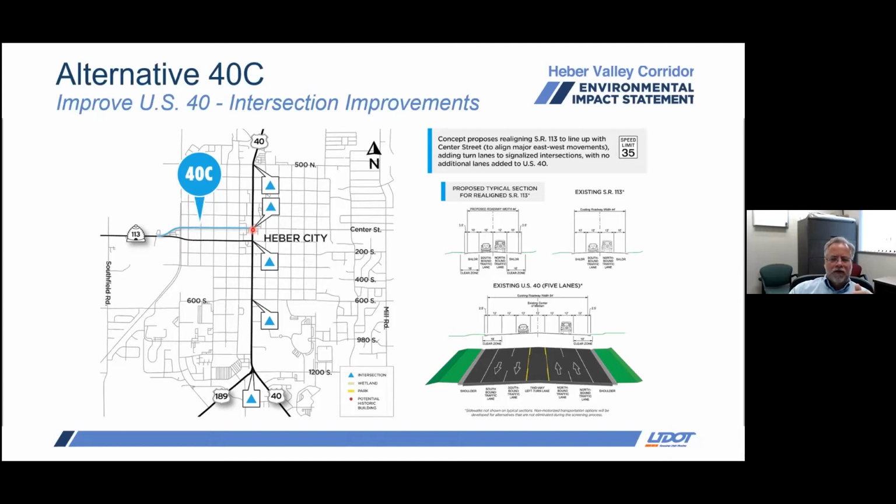Currently, they're offset. There's an offset between Center Street and 100 South. So with this alternative, the signal at 100 South would no longer be needed. And once again, as we depicted on the cross sections on the right, we would not be adding any additional lanes with this alternative.